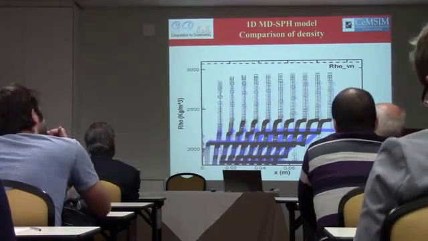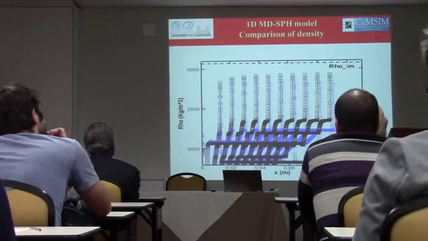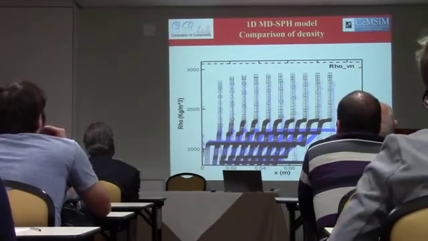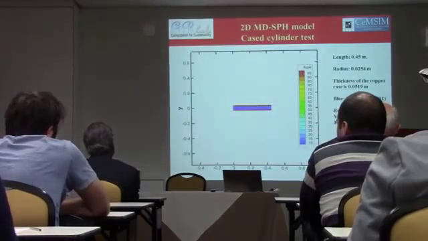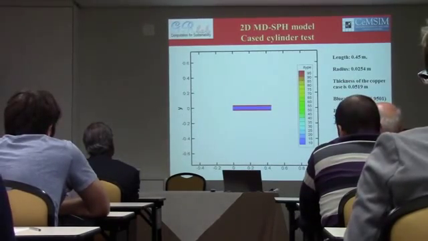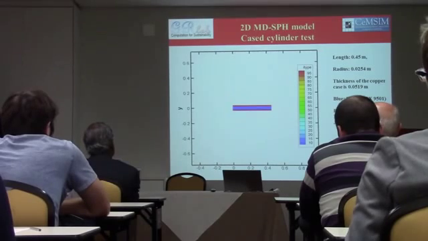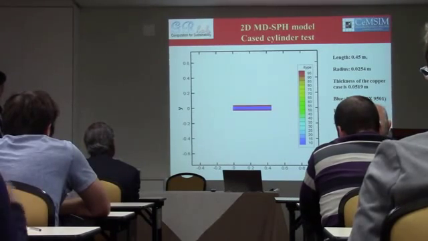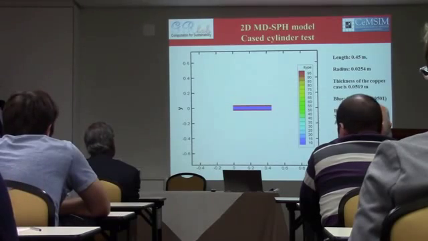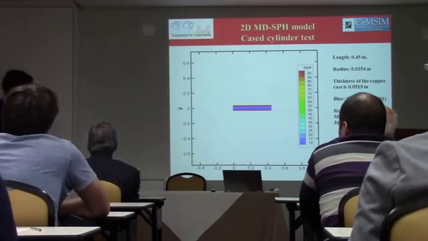We also look at the density change in the one-dimensional explosive, and the velocity change, which is basically quite similar. So, not ideal compared to what we expected, but I think this is working. The MD with SPH is working.